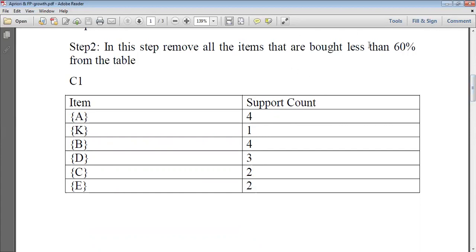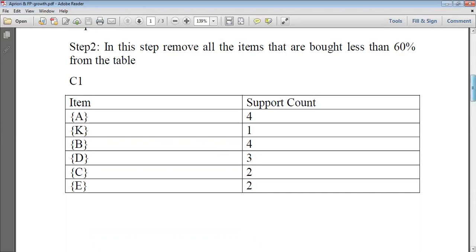Now, consider 60%: there are 4 transactions, so 4 into 60 by 100 gives 2.4. That means we have to consider only the counts 4 and 3. The remaining items, which are less than 60%, we have to remove.